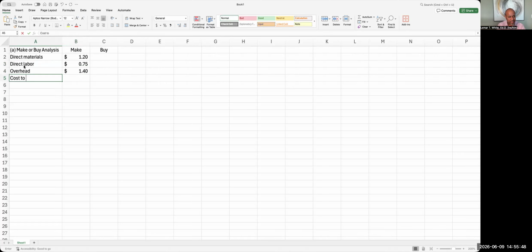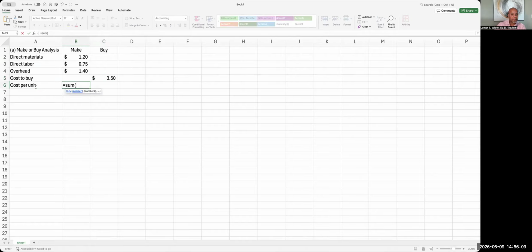I'm going to put here the cost to buy. It tells us that the cost to buy it is $3.50. And if we add up these numbers, we have the cost per unit to make it. I'm going to put here cost per unit if we were to make it, and we're going to add these three numbers together, and we get $3.35.